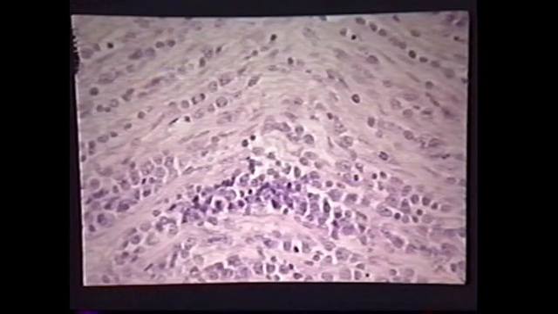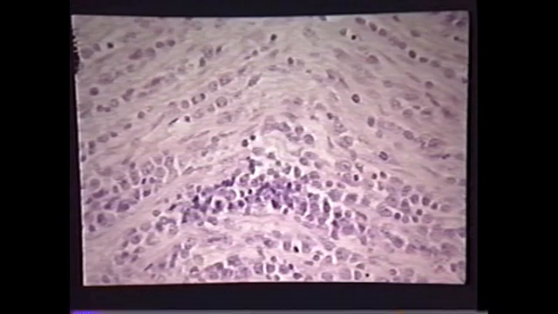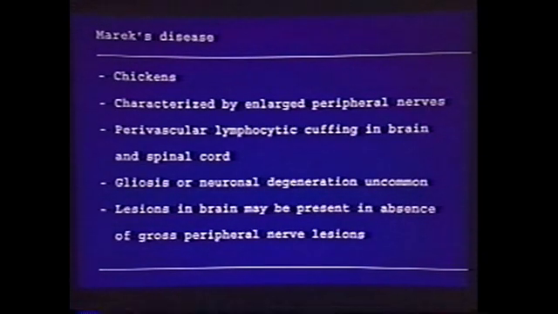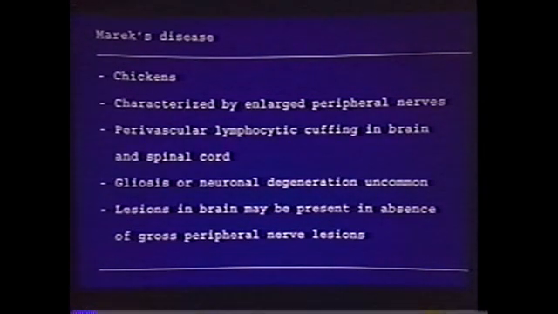So sometimes I do not see the gross lesion of the nerve, but in spite of that, I take it for histopath. Also, I take the brain for histopath, and it seems to help in the diagnosis. So, enlarged peripheral nerves, perivascular lymphocytic cuffing in the brain, spinal cord.